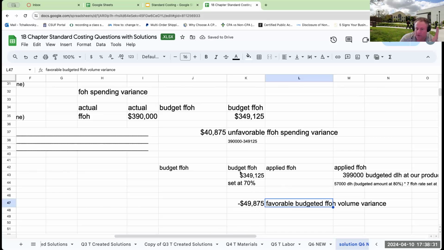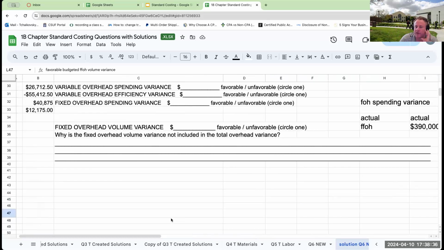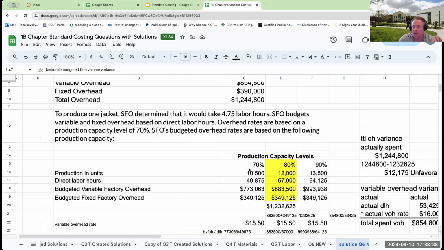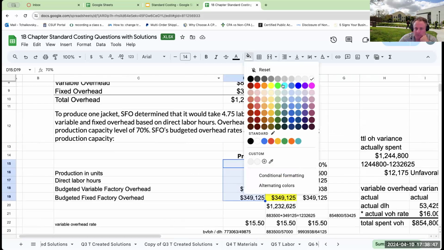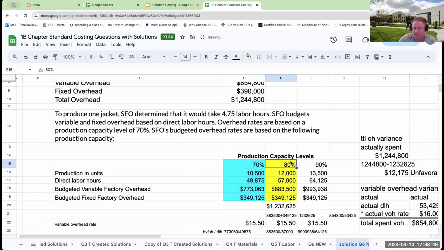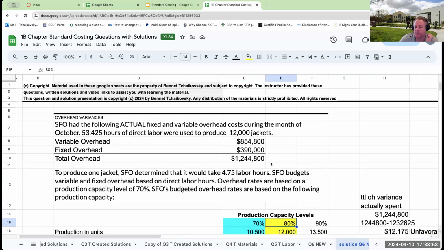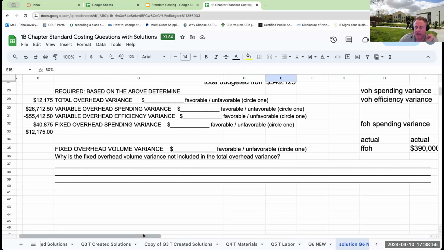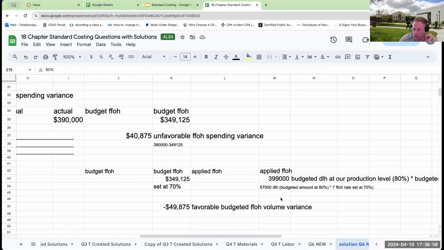It's not just because I subtracted this from this and got a negative number, but if we think about it intuitively, I set a level. We always want to be more productive with our facility. We budgeted at 70%, but we were actually more efficient. So we came in at 80%. So this fixed factory overhead volume variance is going to be favorable, meaning we were more efficient.